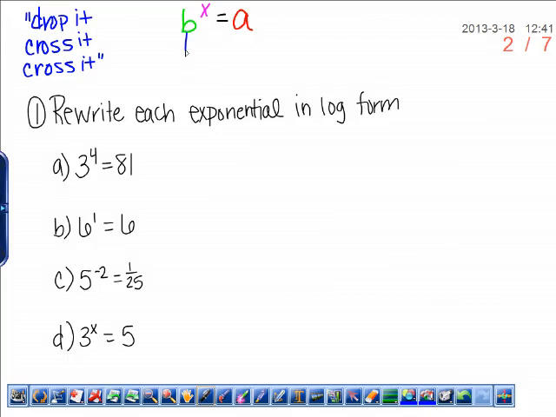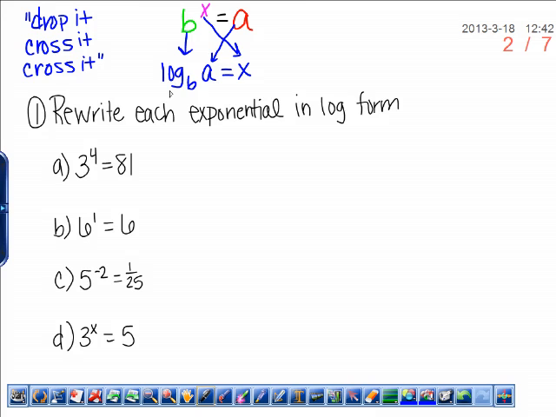You're going to drop the B, becomes log base B, and then cross it, cross the A, and cross the X. So it's just a way of remembering those two equations I showed you on the first slide, okay? If it helps you, great. If it doesn't help you, come up with something that does, okay?